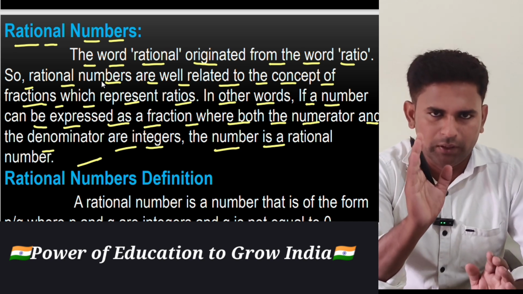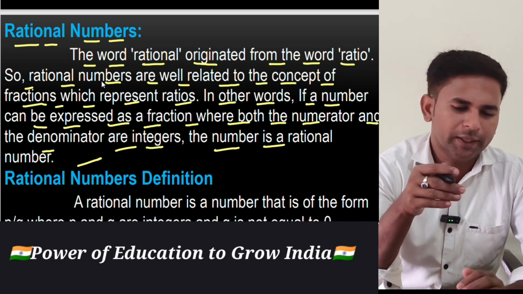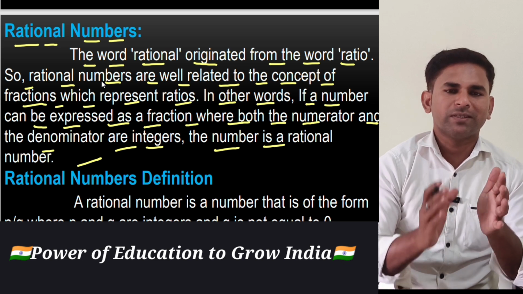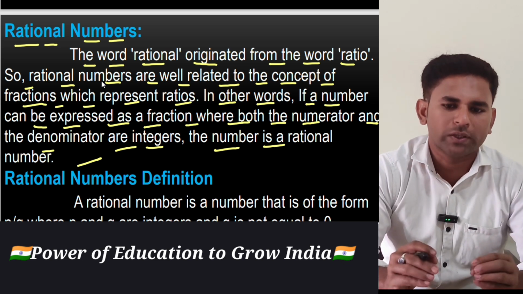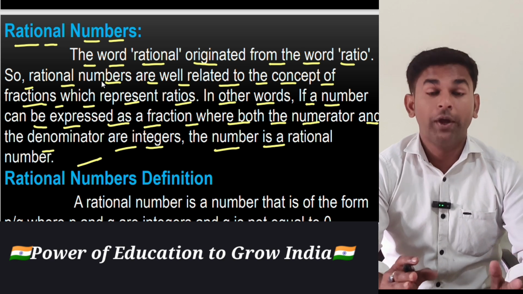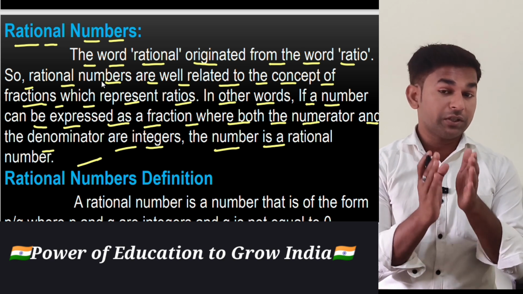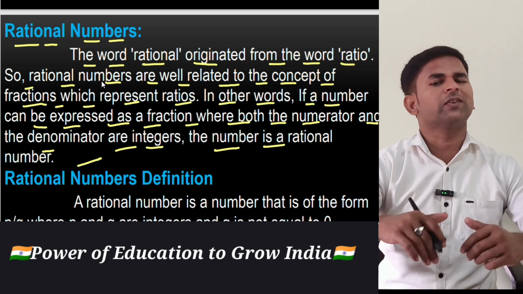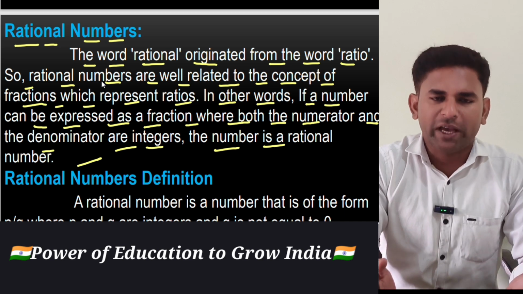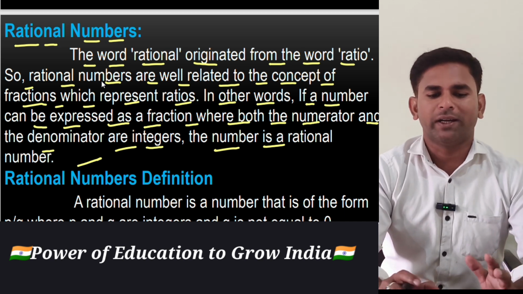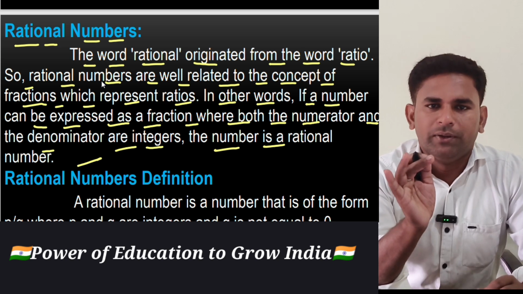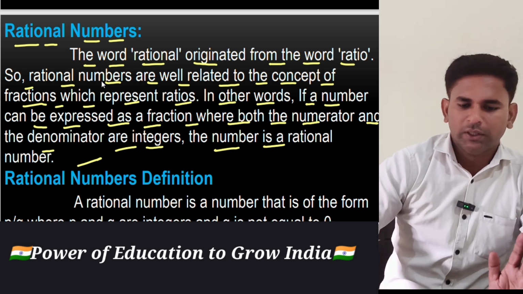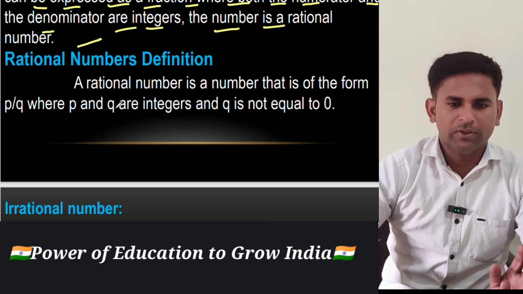Integers we know very well. Some integers we write in a fraction form, like 5/3 or 6/7. If we write like this, we can say that this is a rational number. Okay, very good.